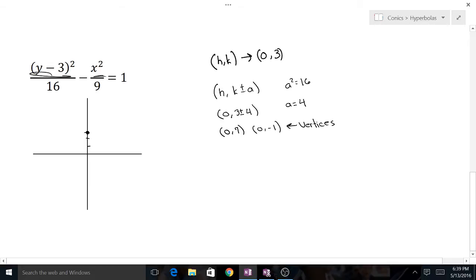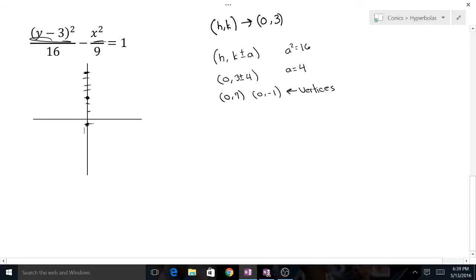We can graph them in now. 3, 4, 5, 6, 7. That's one, and then negative 1 is the other. Now we can draw the general shape of the graph. We know it's going to be going up, and then going down. So now we know where the foci need to be. They need to be inside the graph, so they're going to be over here and over here somewhere.